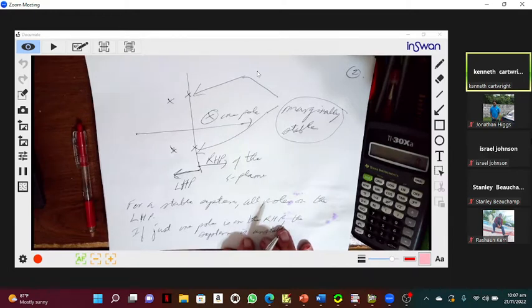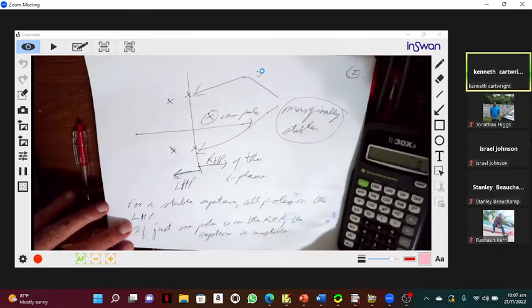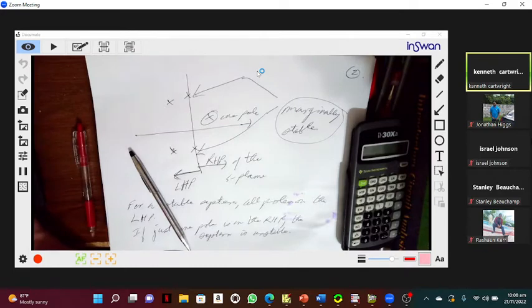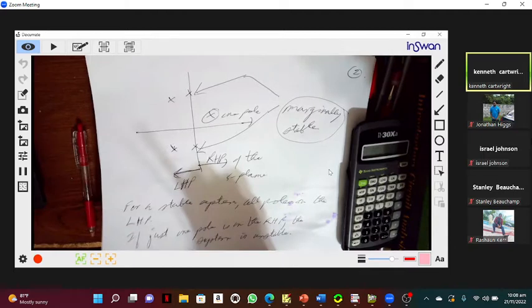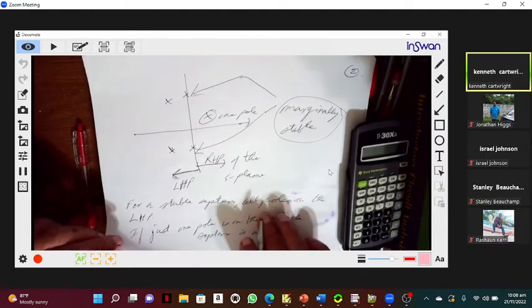So most of the time we want stable systems, but once in a while we want a marginally stable system. I don't know of any situation in the real world where you want an unstable system, because they almost always wreak havoc.